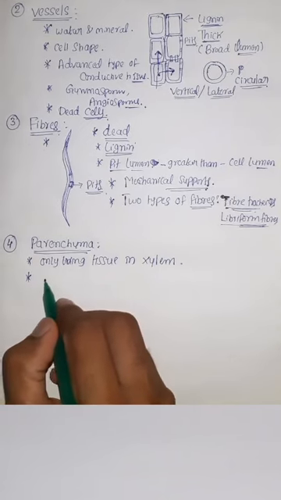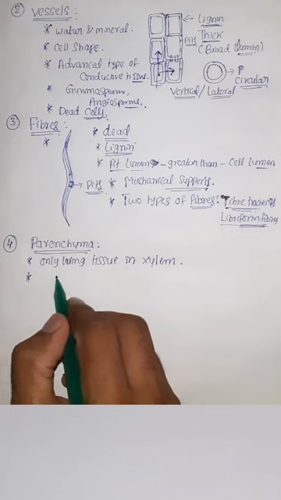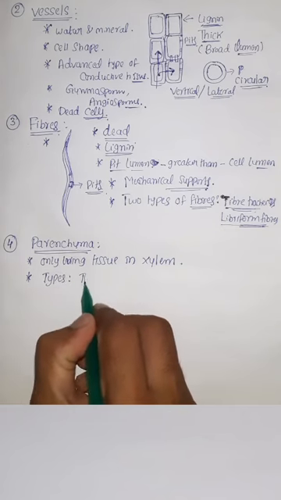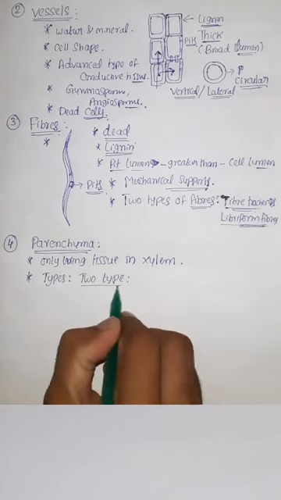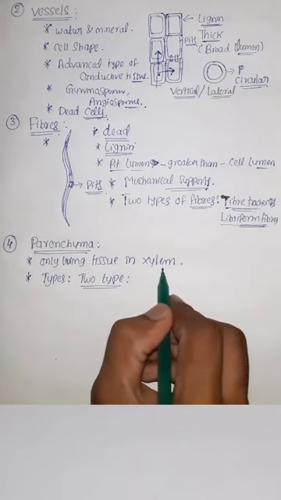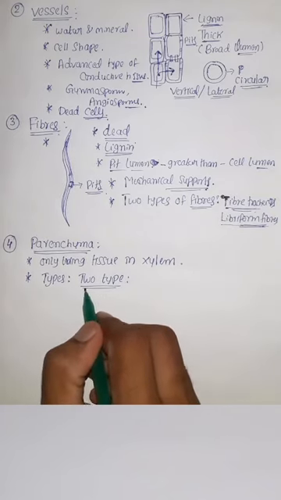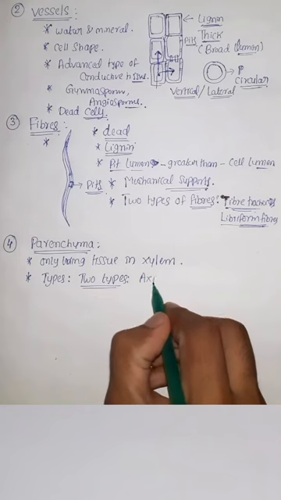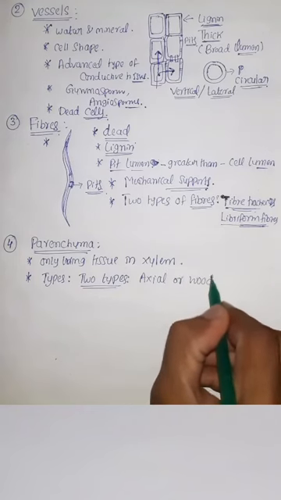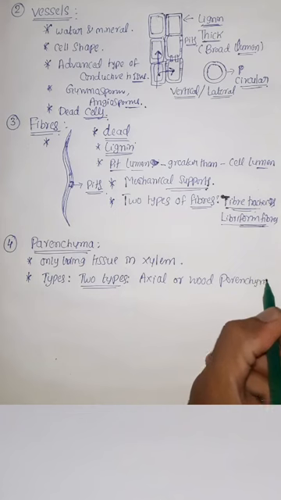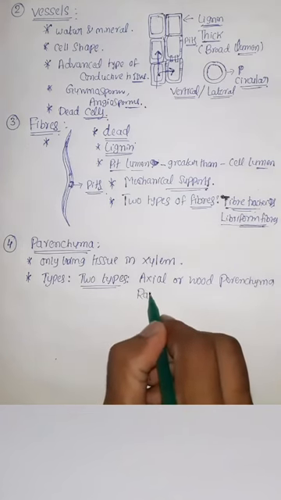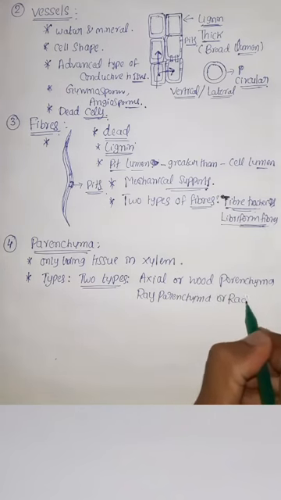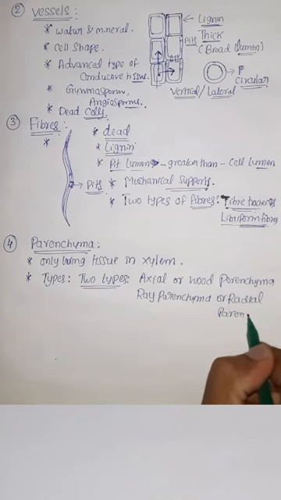The parenchyma found in secondary xylem is classified into two types: axial or wood parenchyma, and ray parenchyma or radial parenchyma.